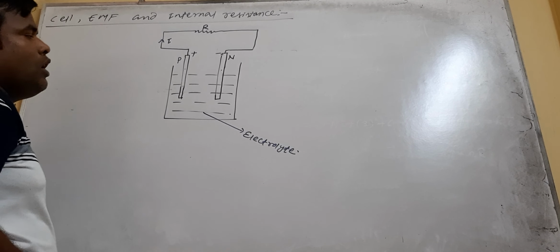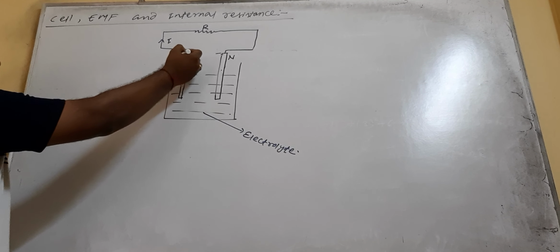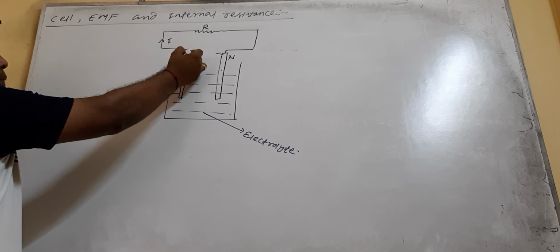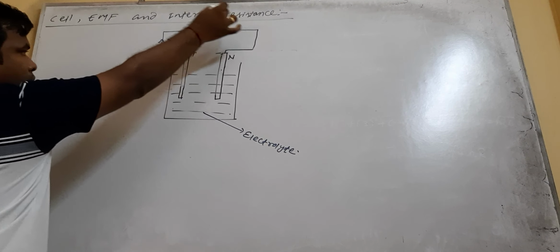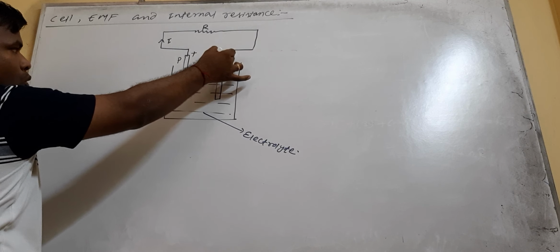In which direction will the current pass? From the positive electrode of the cell to the negative electrode of the cell through the external resistance.